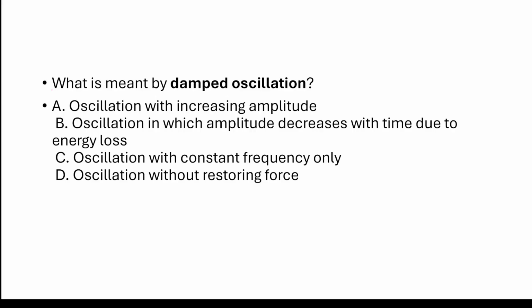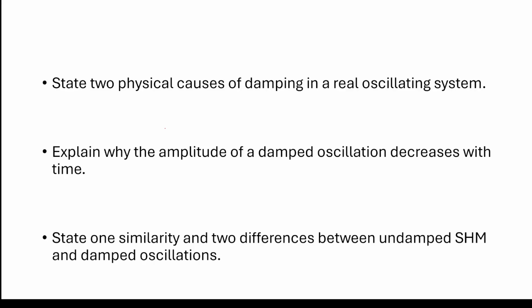What is meant by damped oscillation? Oscillations in which the amplitude decreases with time due to energy losses. So that's the answer. State two physical causes of damping in a real oscillating system. One major cause of damping is air resistance.